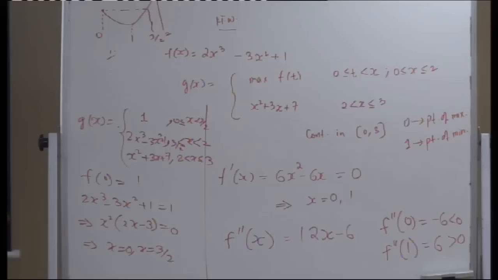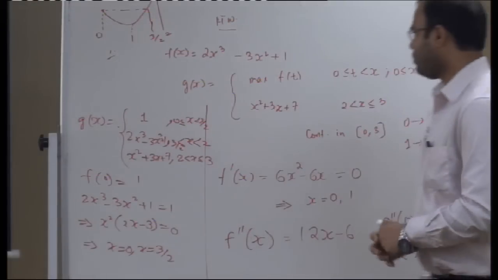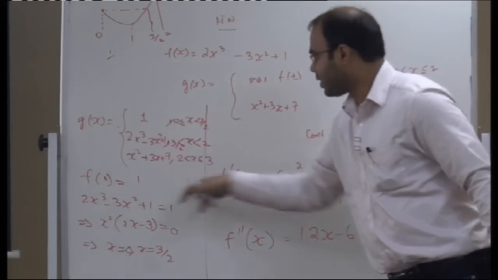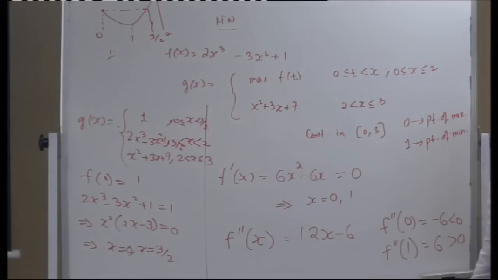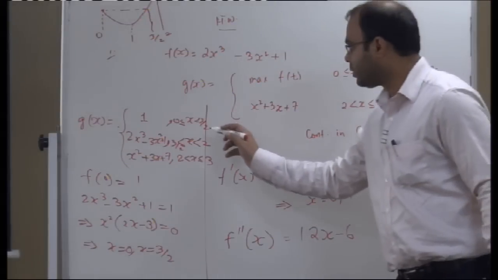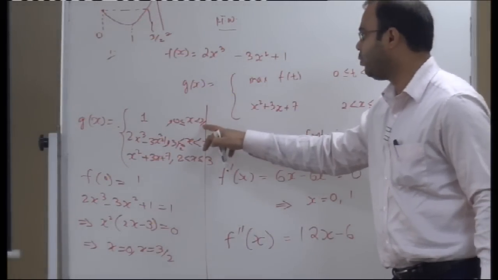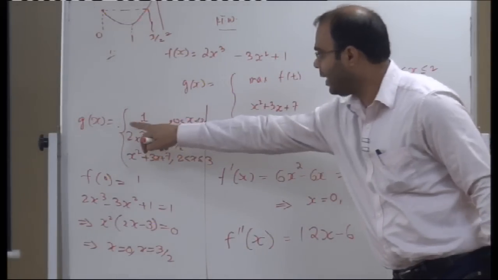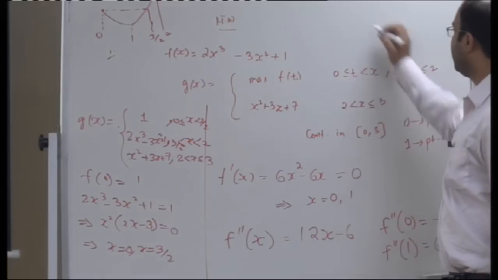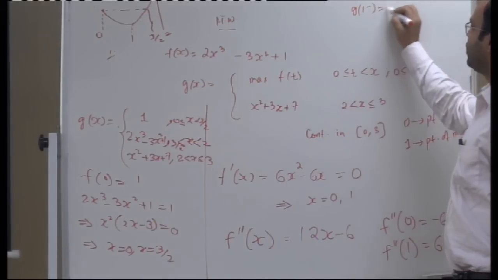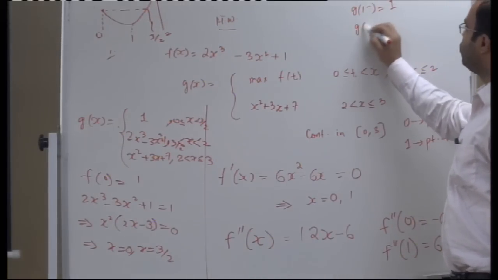Now we come to the continuity part again. As we know, in this g(x) function we have to find the continuity of the function. The doubtful point is 3/2. At 3/2, the left hand limit, g(3/2 minus), is actually 1. And what would happen to g(3/2 plus)?